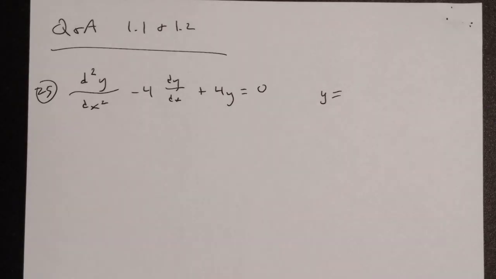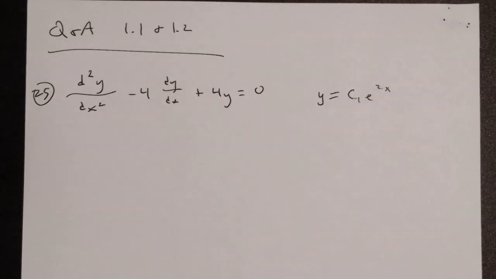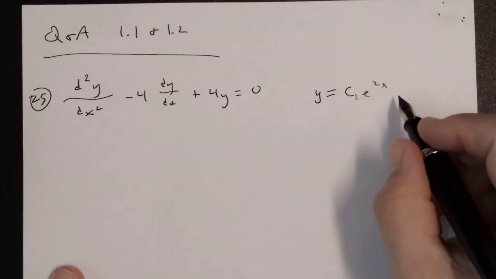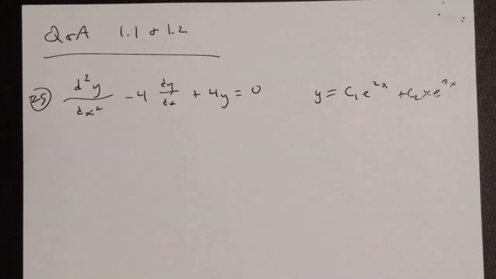And the functions in question look like c1 e to the 2x plus c2 x e to the 2x. Okay. So it says verify that these form a solution. And let's assume an appropriate interval.